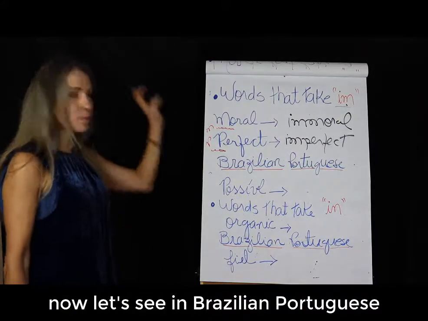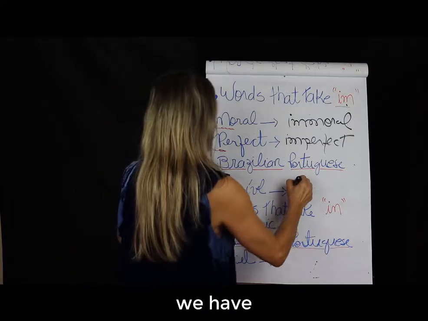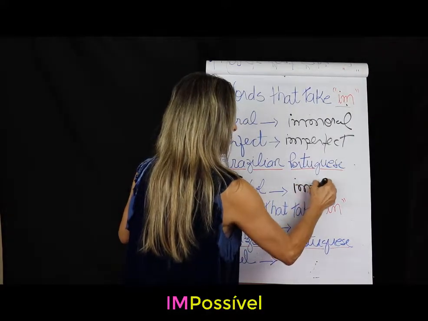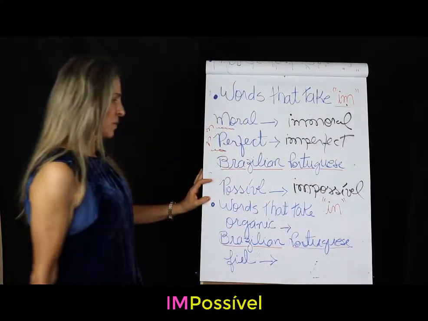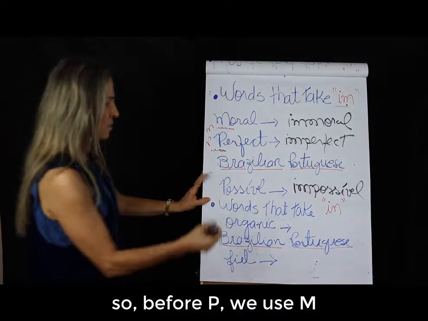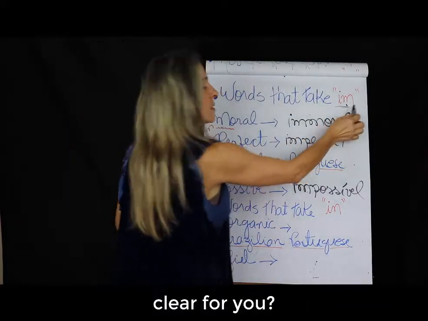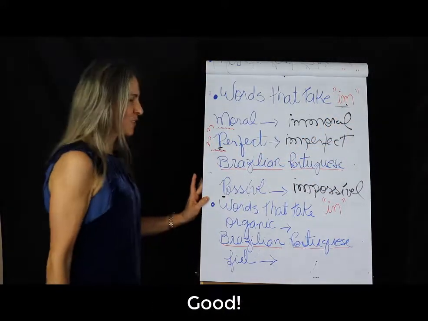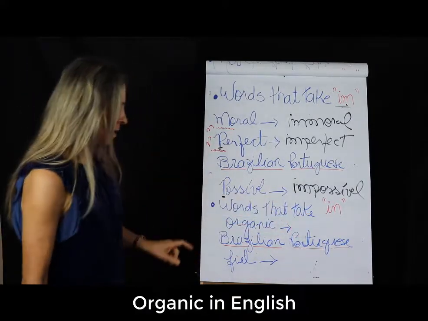Now let's see Brazilian Portuguese. Possível, we have impossível. Okay, so before p, we use m. Clear for you? Good.